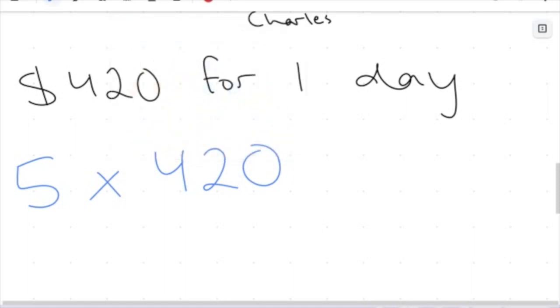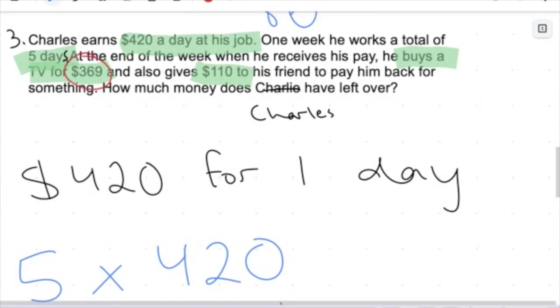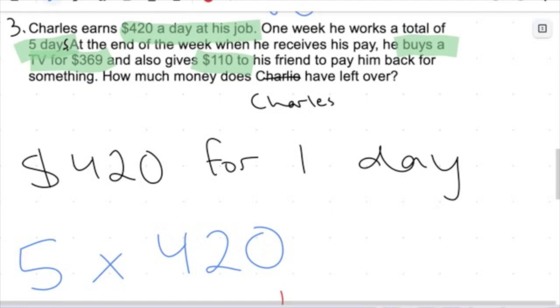So this is his money earned, and he's dipping into this to make these payments. So the $369 and $110, they are coming out of his account. So once he gets his weekly earnings, his money earned, he is taking out money. So his money is getting less, right?